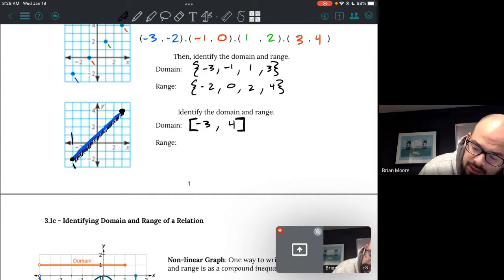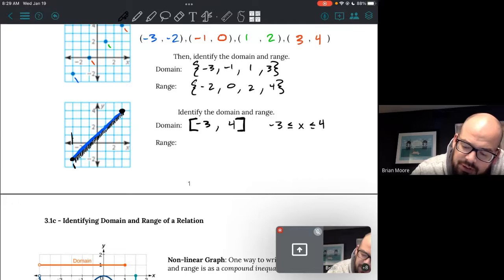Or we could say -3 is less than or equal to x, which is less than or equal to 4. Both of those things mean the exact same.